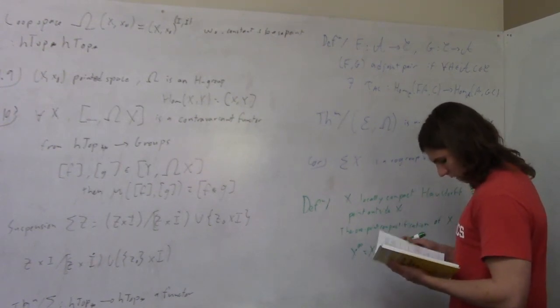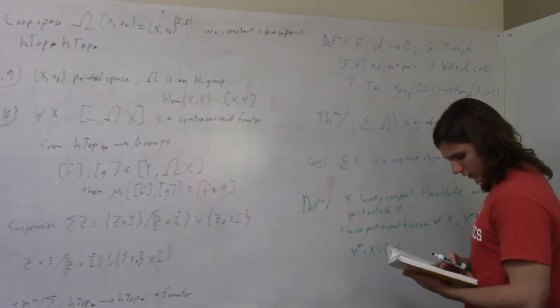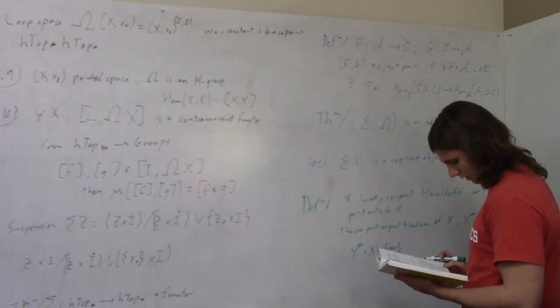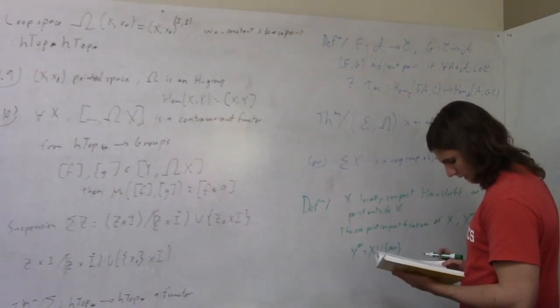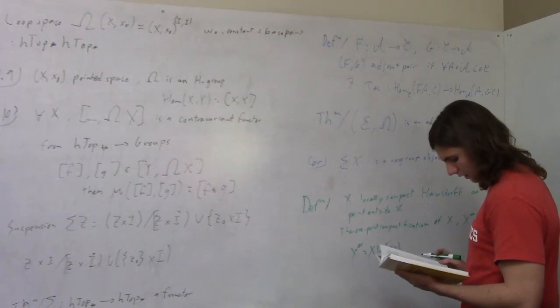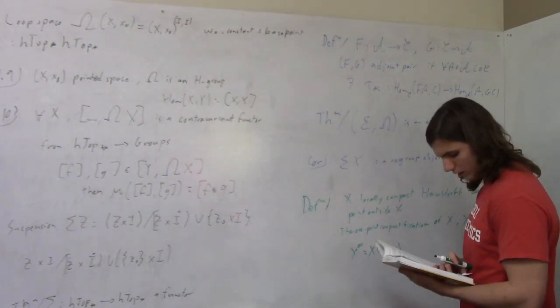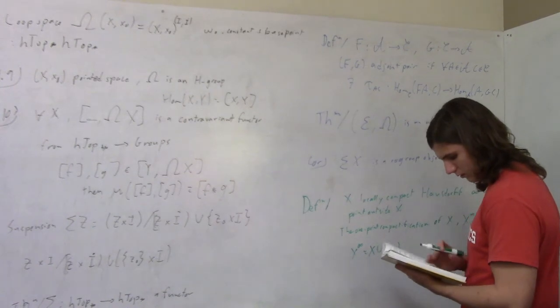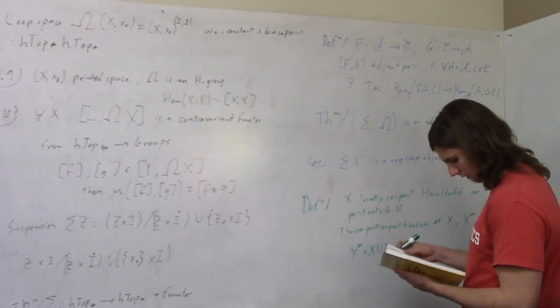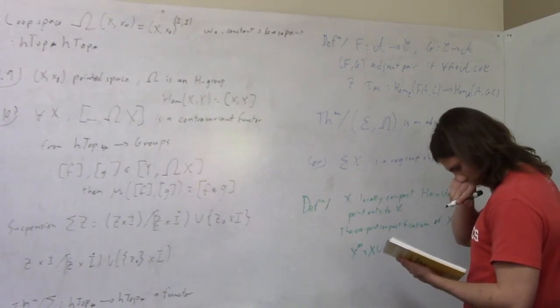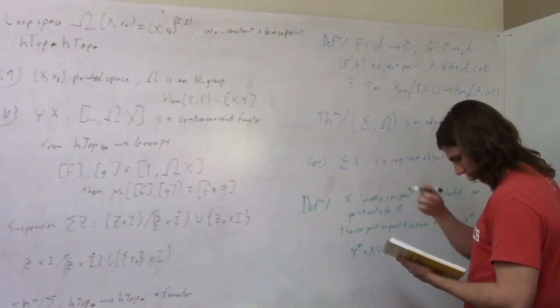Okay, we have certain properties, but I think the most interesting one is that the 1-point compactification of Rn is going to be Sn. That's exercise 11.18.